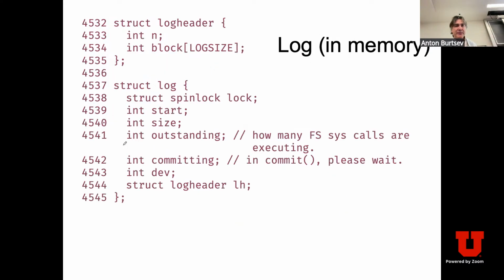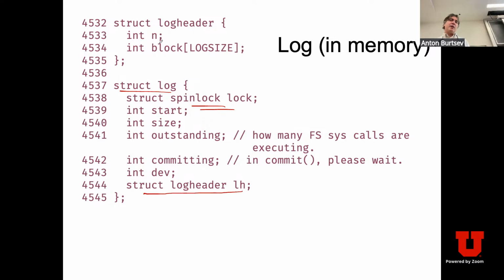So the way it works is the following. The log is maintained in memory as just an array. We have a data structure, which is log, and at a high level it has logic to implement synchronization, some flags, and so on. We'll discuss synchronization later. But the core of it is this log header.